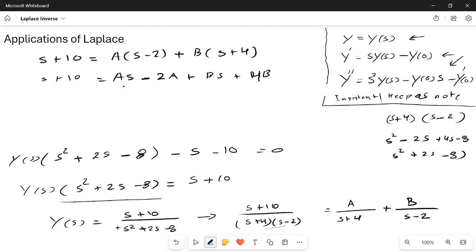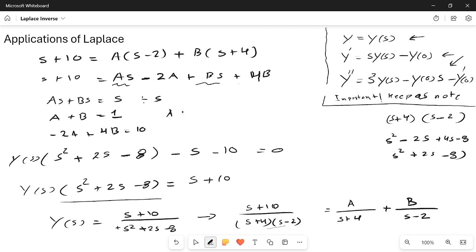Now we create two formulas. So we have as plus bs is equal to s. Divide by s, a plus b is equal to 1. Now we have negative 2a plus 4b is equal to 10. Let's just take the value of a.